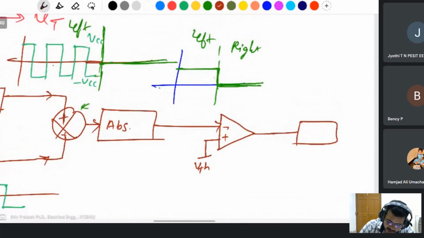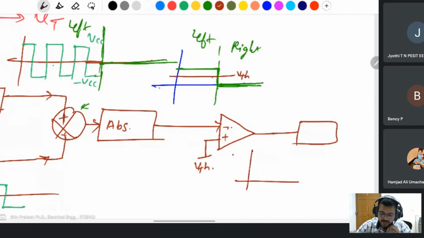The same voltages pass through this one. If you set a VTS at some point, and if VTS is greater than this negative voltage, then the output of the comparator will be 0, because VTS is 0.